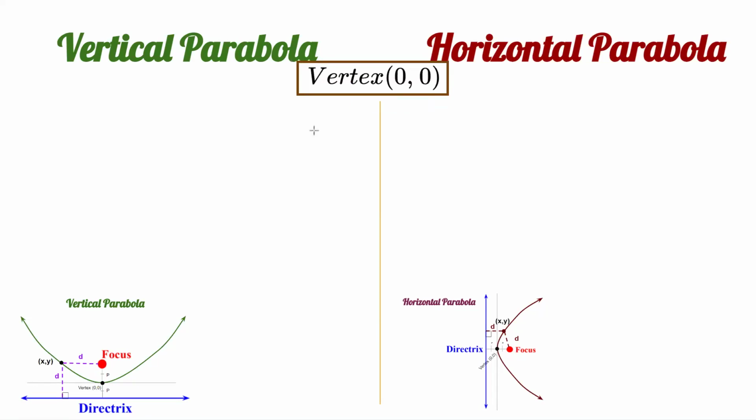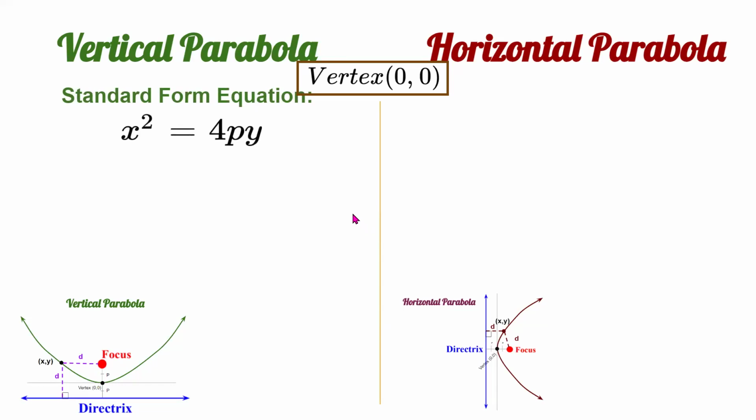There's going to be a lot of information, guys, but it's going to make much more sense as we go through it. We're going to have a standard form of equation. If it opens vertically, how we're used to seeing it, either opening up or down, like a quadratic equation, it has the equation x squared equals 4py.